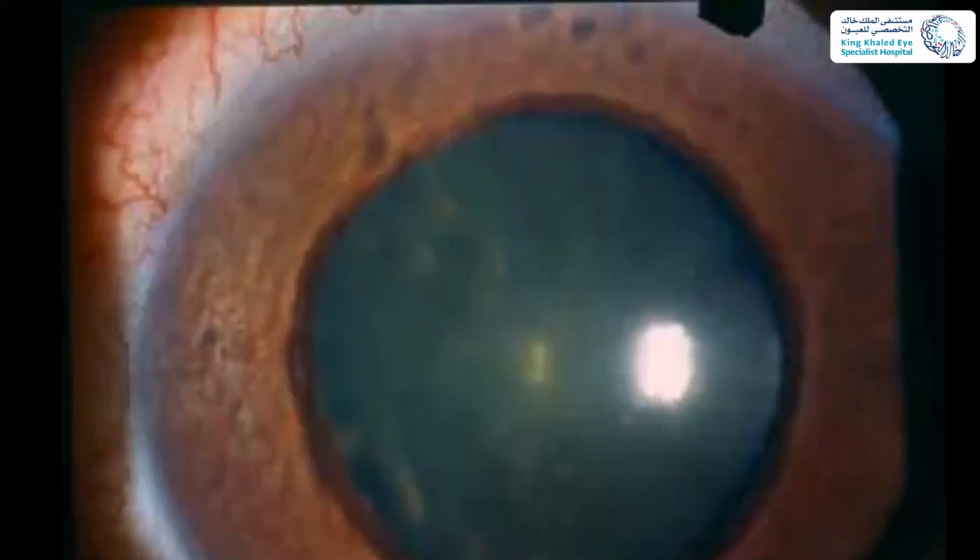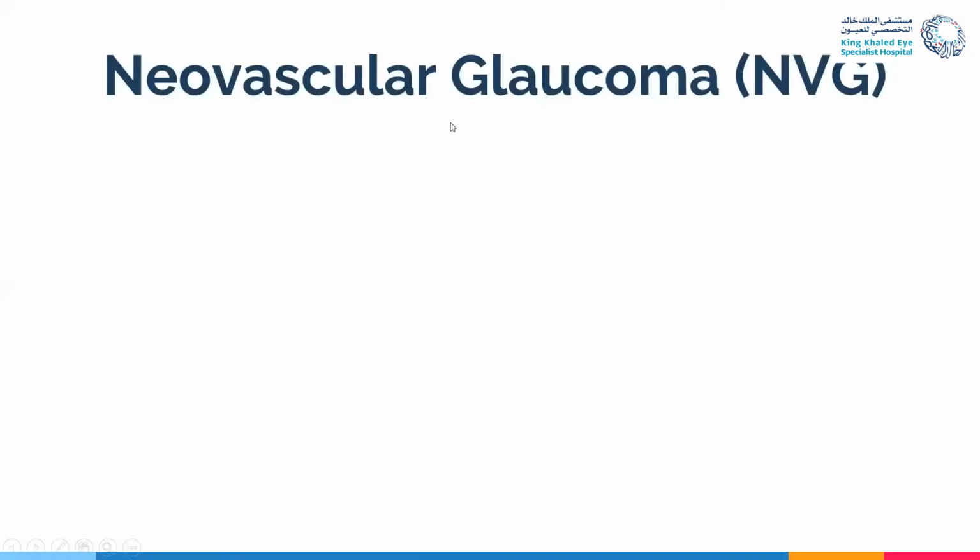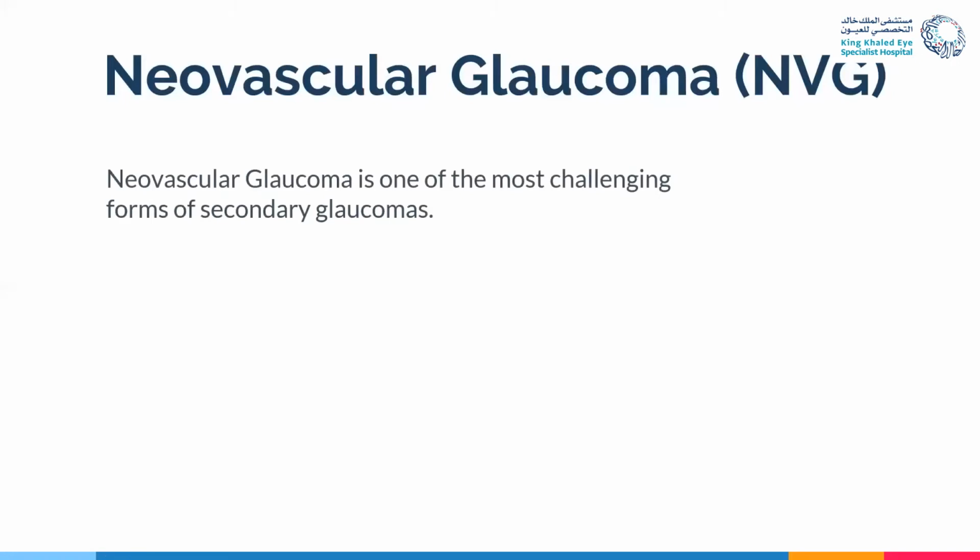They explained that this new fibrovascular membrane grows on the iris and on the angle, leading to obstruction of the aqueous outflow.